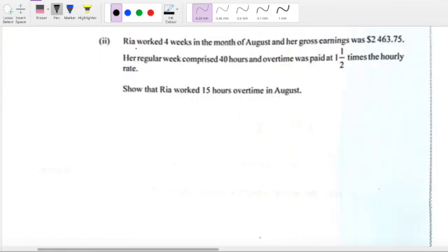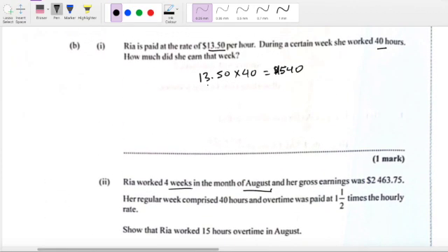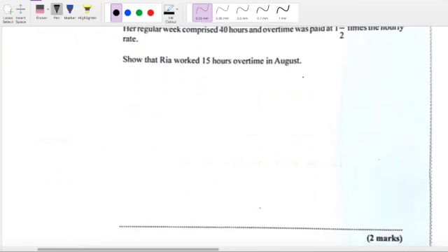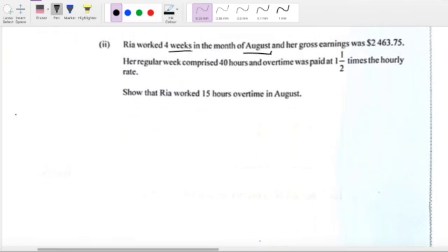Okay, so part 2, Ria worked 4 weeks in the month of August. And remember how I tell you to read a question. I'm not even gonna bother read the rest of the question. I'm just gonna say, well, alright. If she worked 4 weeks, she's working for $540 per week, right? So $13.50 per hour, $540 per week.